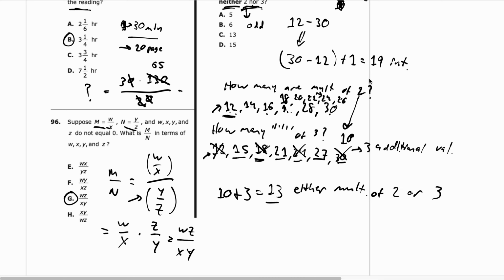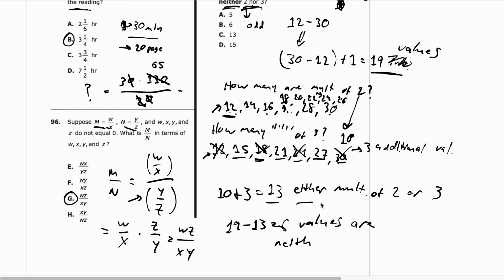And remember that we had 19 values total. So this means that 19 minus 13, or 6 values, are neither multiples of 2 nor 3.